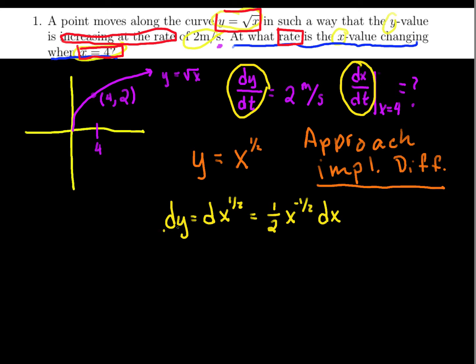So I divide by dt, and I'll collect things so I get that dy/dt is equal to 1/2 x to the minus 1/2 dx/dt.